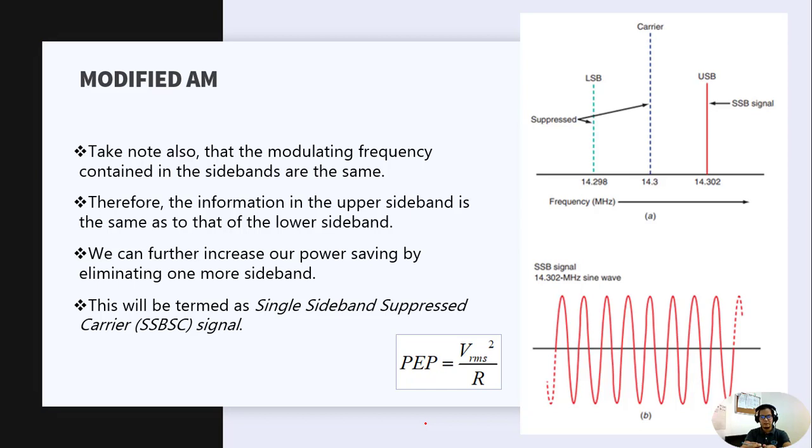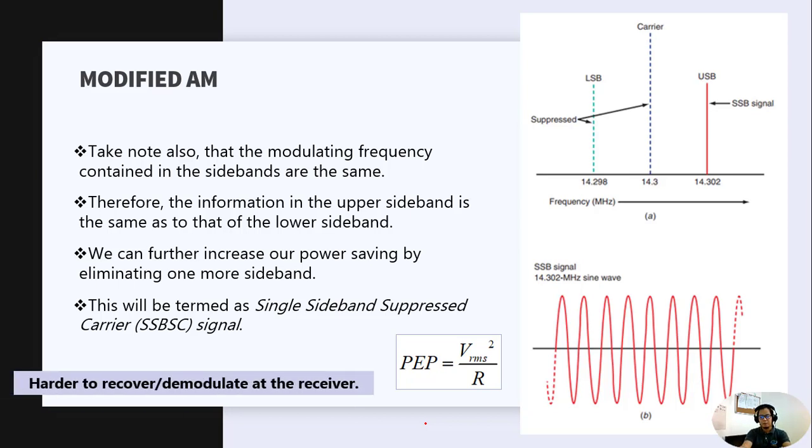And ang power nito ay ine-express na in terms of PEP. Peak envelope power. And it's easy to compute for the peak envelope power, that is VRMS squared over the load, R. Okay, so this is our SSB-SC.